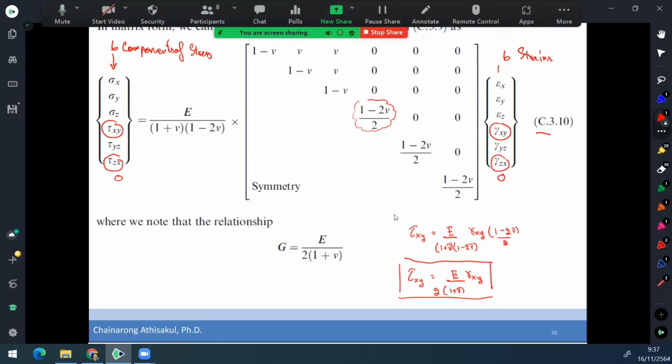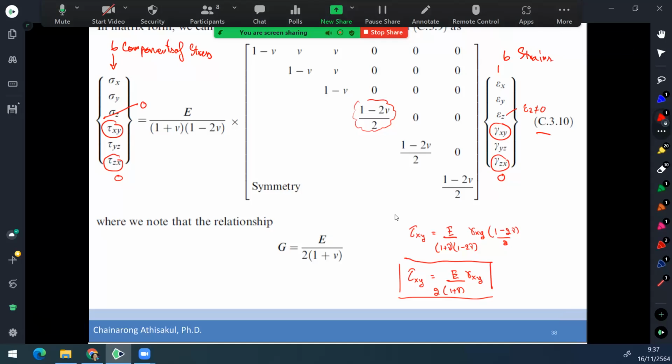We have one term that we simplify from the three-dimensional case, which is otherwise exactly the same as the three-dimensional case. But for this case, we simplify so that sigma c becomes 0, right? But epsilon c is not equal to 0.